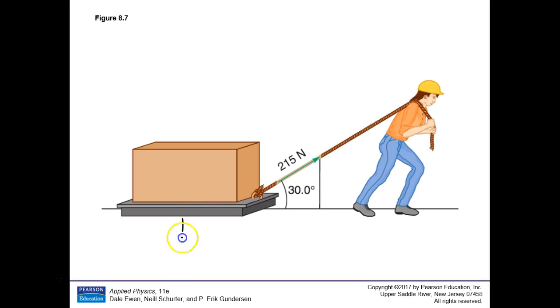What we need that they don't show here is she's going to pull this a distance of, and our symbol for distance is what? S. S is equal to 15.0 meters. Now, as soon as you see meters and newtons, what kind of units are we in?